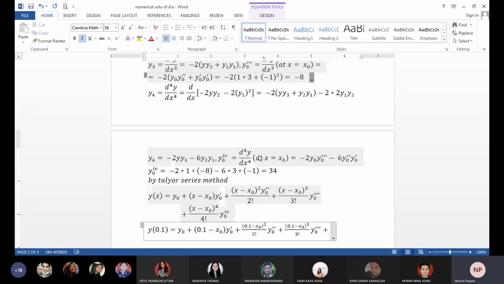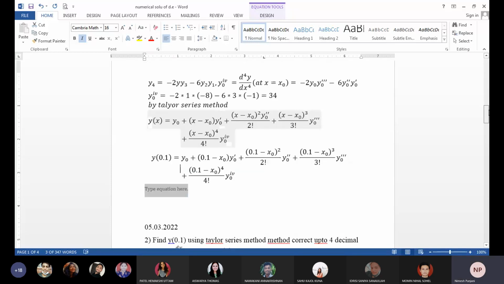Plus, one more term is there: 0.1 minus x naught raised to 4 divided by 4 factorial into fourth order derivative of y.